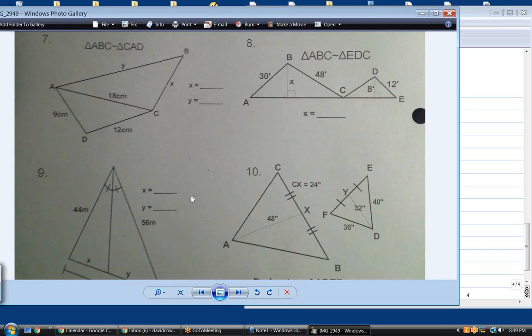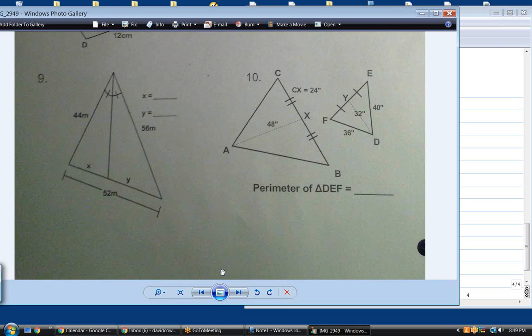So we're going to do that same thing in 9, because notice that's what they've done in 9. They've taken a triangle, bisected that angle. So I can say x is to y as what?